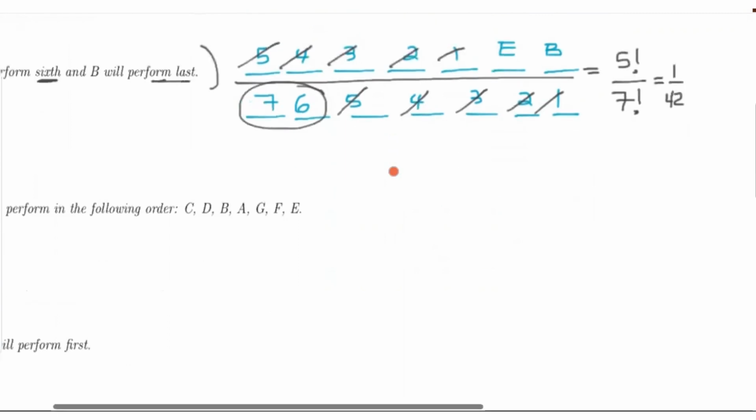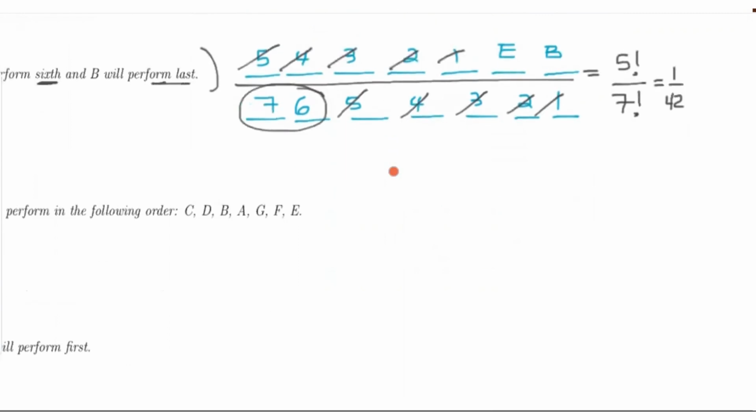Okay, let's look at the number 3. Probability of event in order of, okay, restriction in here. So again, I want to make it, so permutation 1, 2, 3, 4, 5, 6, 7. D, C, B, A, G, F, E, okay, over total.